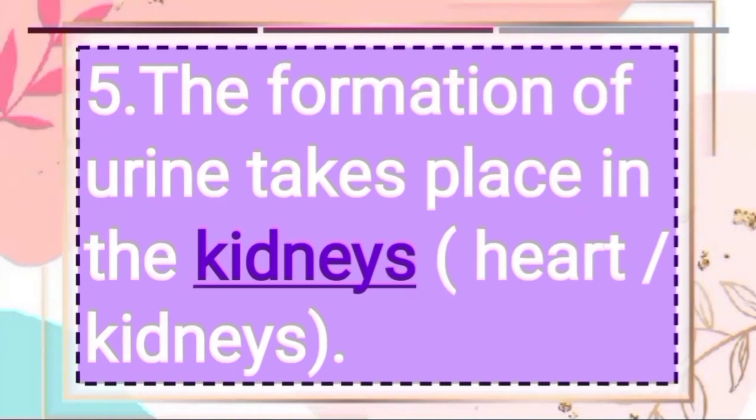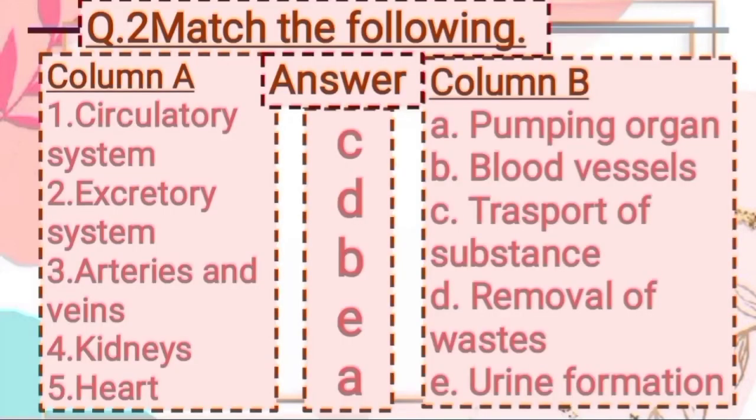First option, heart. Second option, kidneys. So the question is, the formation of urine takes place in the dash. Answer, the formation of urine takes place in the kidneys. Now let's see question 2.